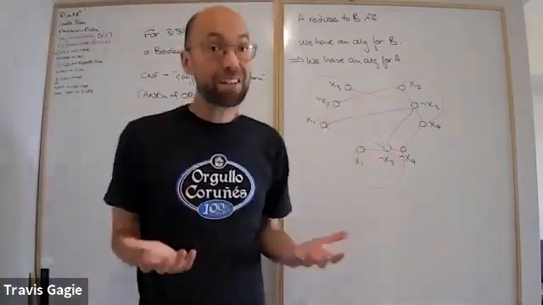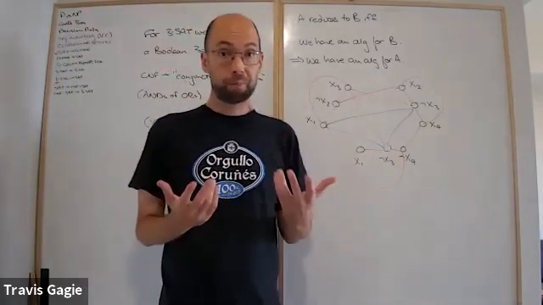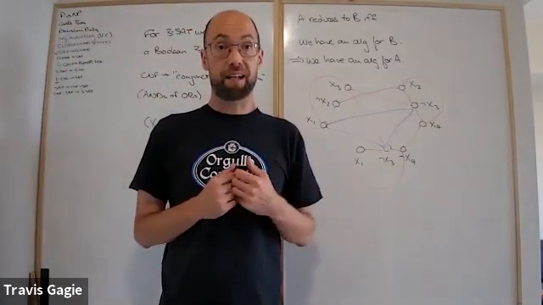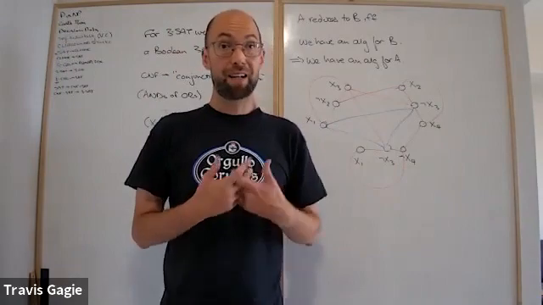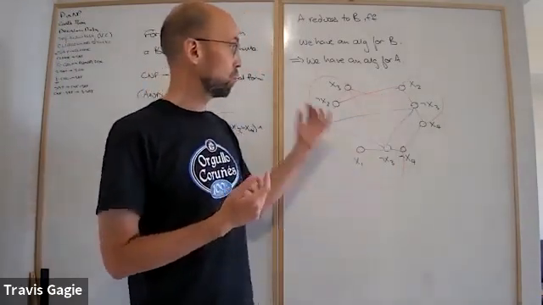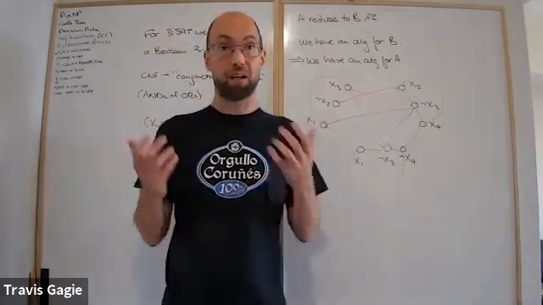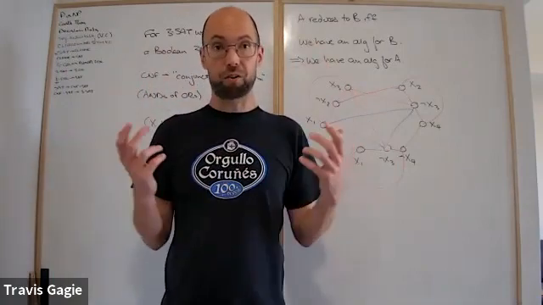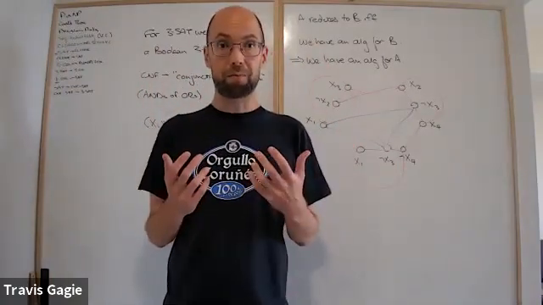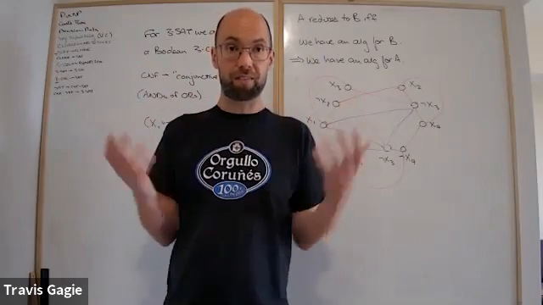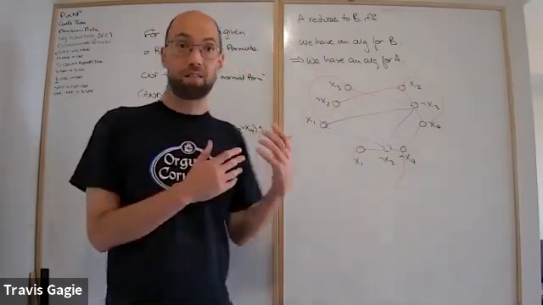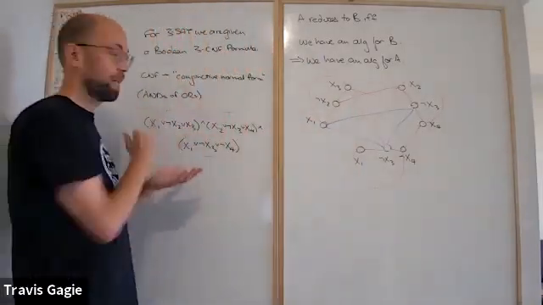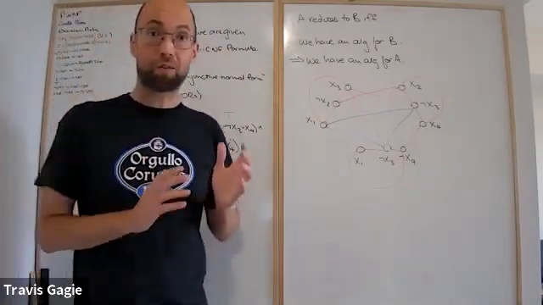If I can't find an independent set of size k, then it means there's no way to choose a literal from each clause all such that they're all true and they're all compatible. They can all be true at the same time, which means that my Boolean formula is not satisfiable.